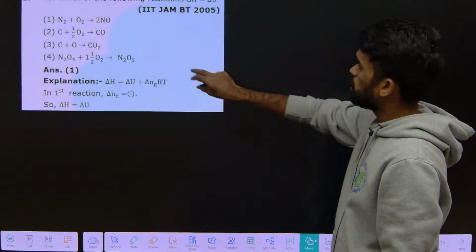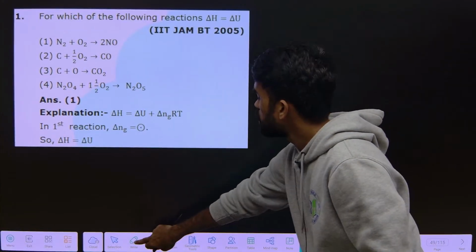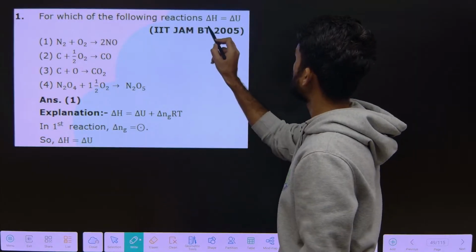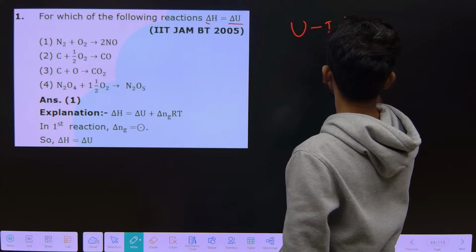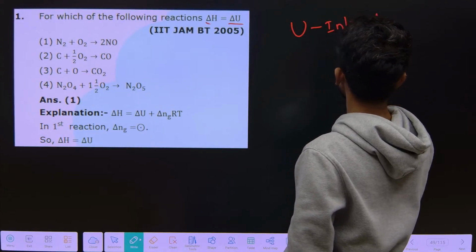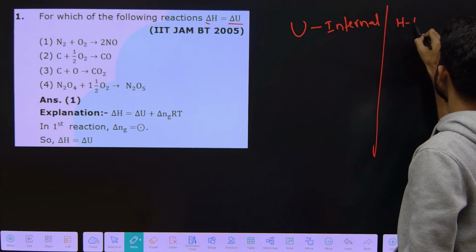So next, if you look at these, you will have something like the relation between delta H and delta U. So what I told you, U means internal energy and H means enthalpy.